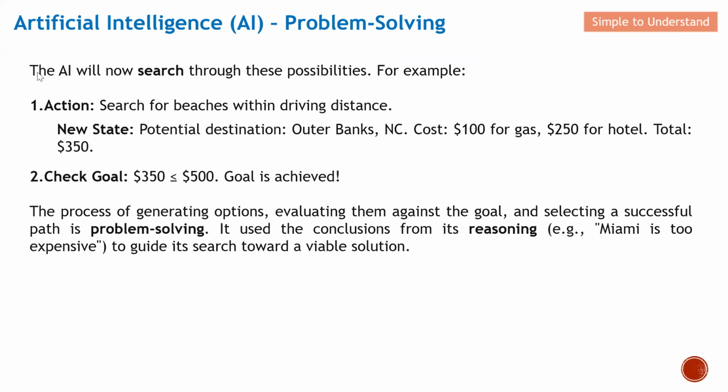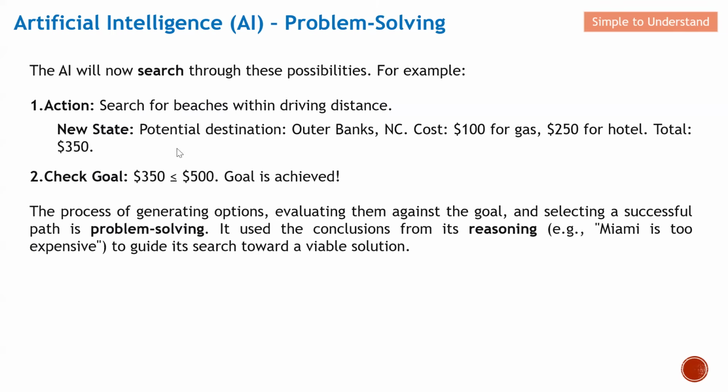Next, the AI will now search through these solutions. For example, they search for a beach that is within driving distance. For example, they propose another location, the Outer Banks. It just costs $100 for us to drive, and then the hotel stay is 250 for the 2 days, and the total cost is 350.